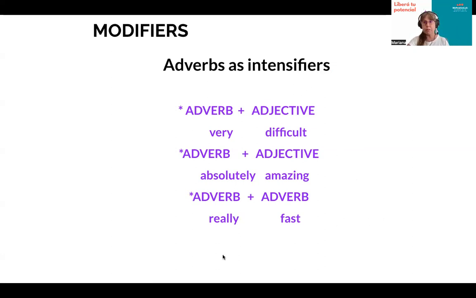Let's have a look at some examples. Difficult is an adjective. If you say very difficult, you are intensifying the level of difficulty. Adverb plus adjective: absolutely amazing. Adverb plus adverb: really fast.